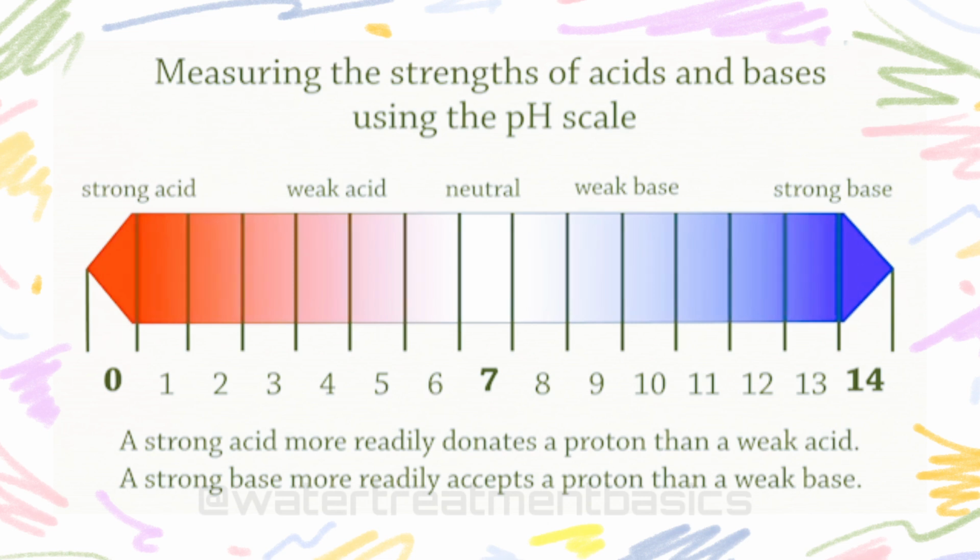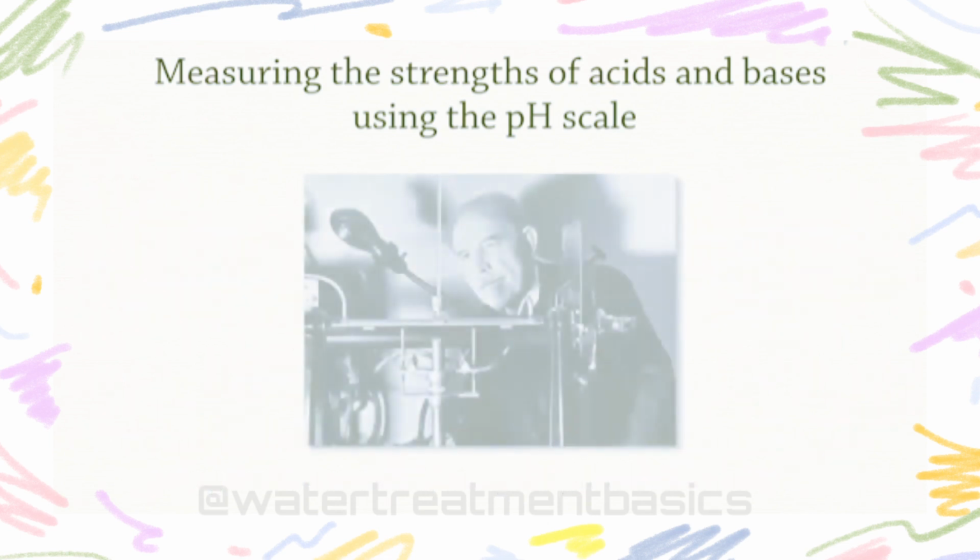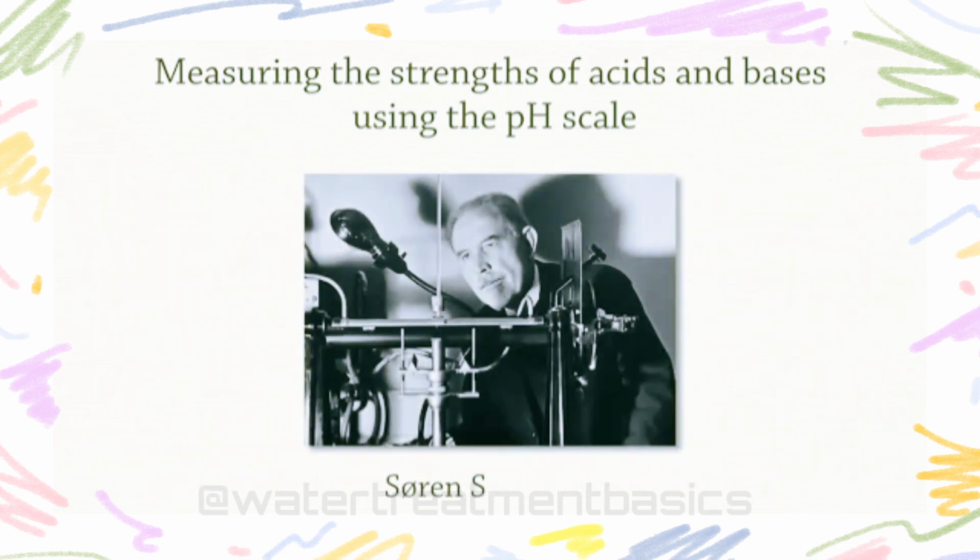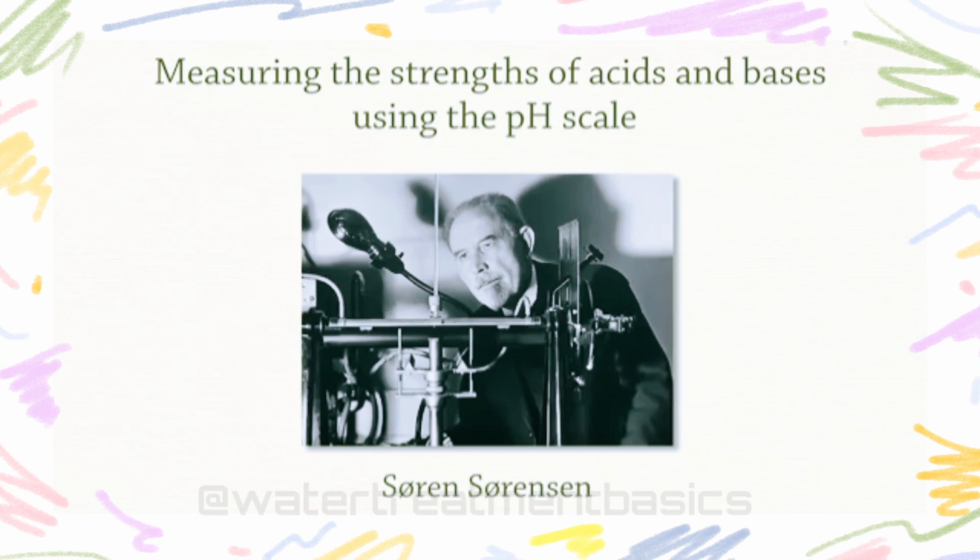But the amounts of protons we're talking about here are very, very small. The pH scale was suggested by Søren Sørensen, another Danish scientist. It is a logarithmic scale that makes it easier to write the very small amounts of H+ ions that are produced by acids and bases.